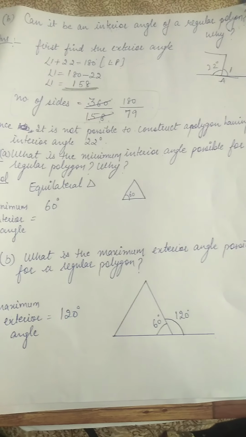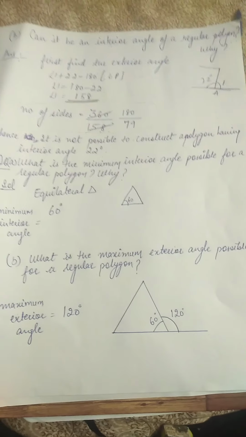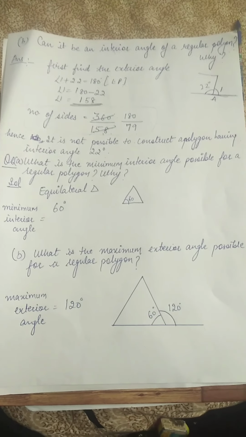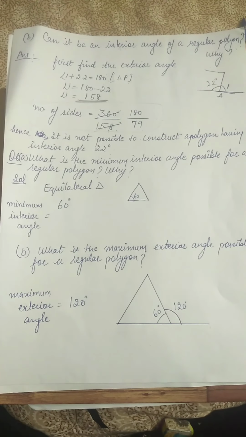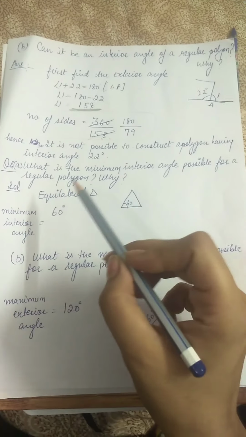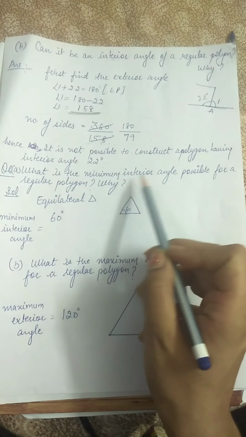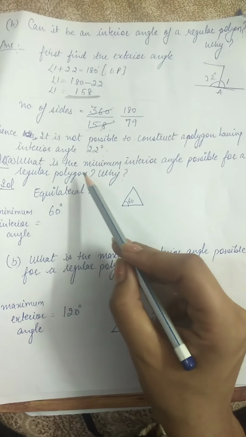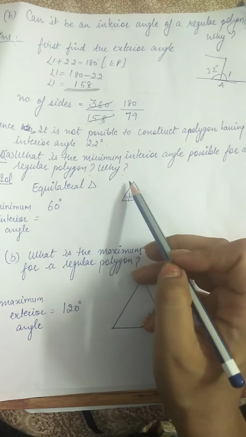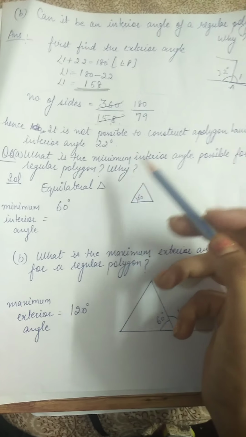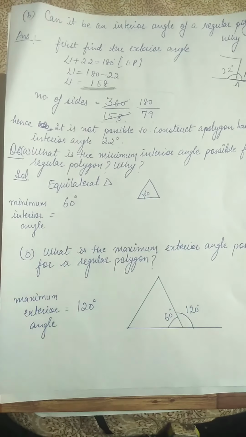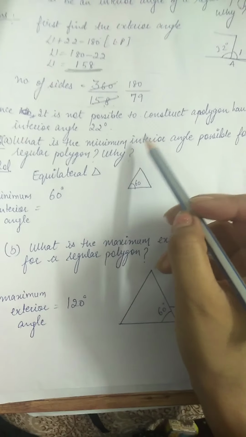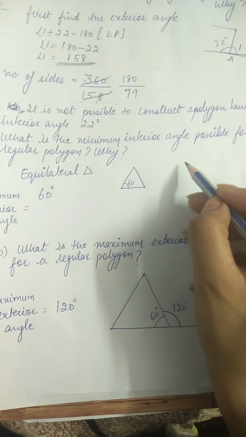Number 6. What is the minimum interior angle possible for a regular polygon? Now see, what is a regular polygon? A polygon having all the sides equal and all the angles equal. And you know that you cannot find a polygon with two sides.